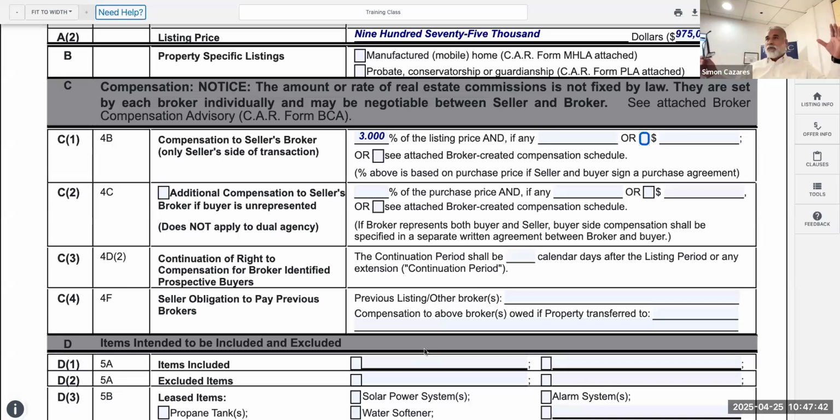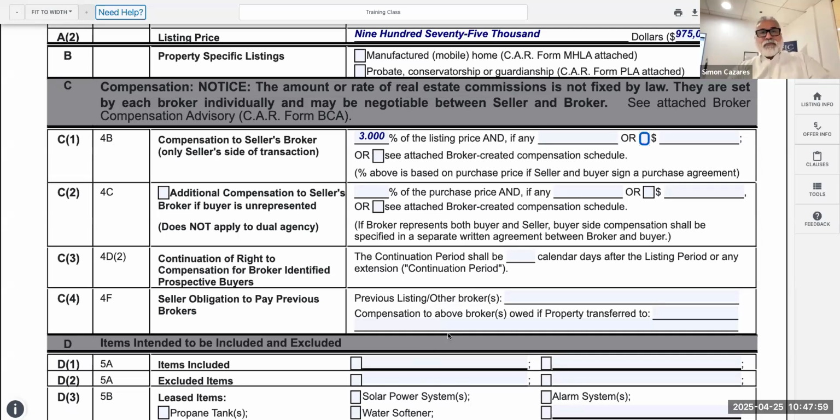Now that creates what we call dual agency, right? Dual agency, now we are one agent working with the buyer and the seller, right? If that's the case, you're not going to worry about this paragraph here, because that doesn't create an unrepresented buyer.